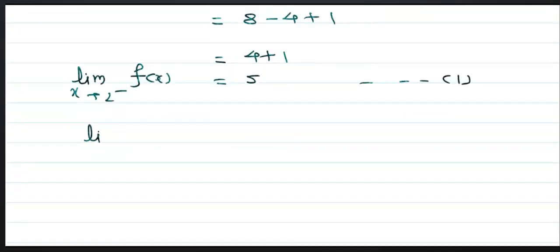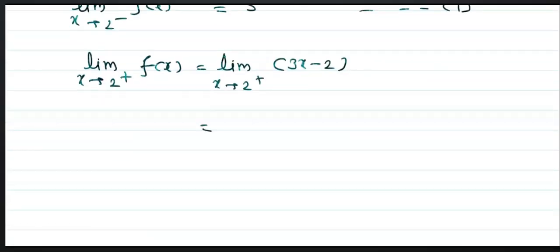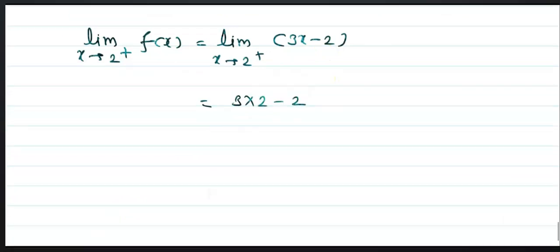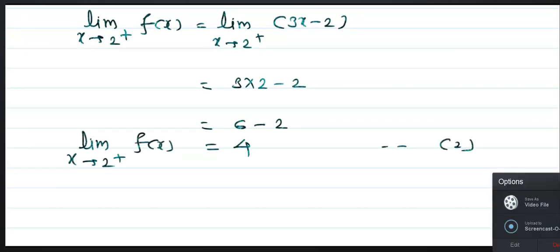And this is the first, left hand side limit is 5. Now, limit x tends to 2 plus f of x is equal to limit x tends to 2 plus of 3x minus 2. Now, in this case also, x is replaced by 2. Therefore, 3 into 2, that is 6 minus 2, that is equal to 4. Therefore, the right hand side limit is 4.